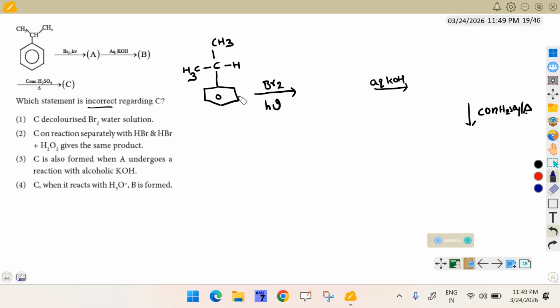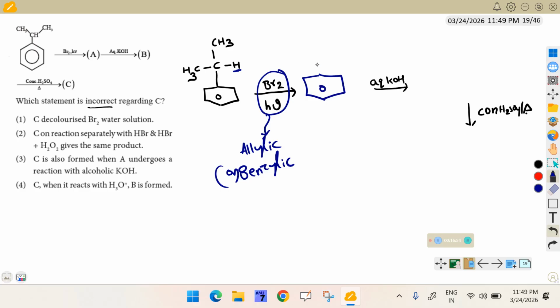Compound reacts with bromine in the presence of sunlight. Bromine in the presence of sunlight, either allylic or benzylic substitution takes place. This is benzyl hydrogen. Remove benzyl hydrogen. In that place, substitute bromine atom. Now this is alkyl halide, reacts with aqueous KOH.